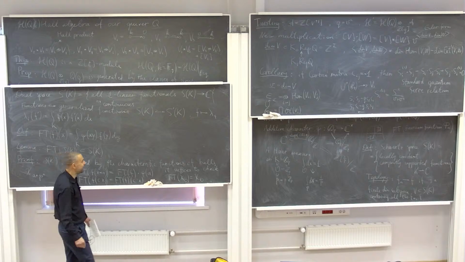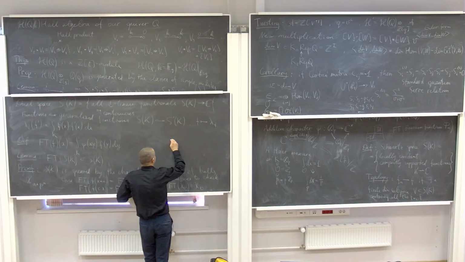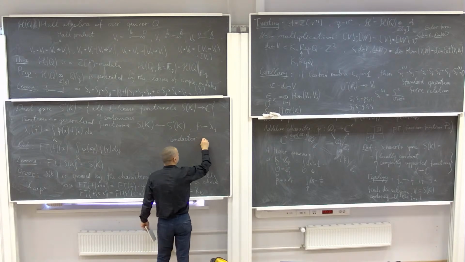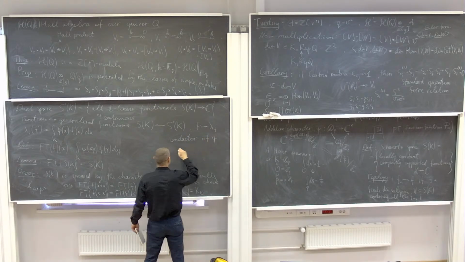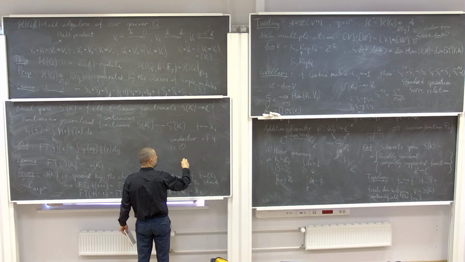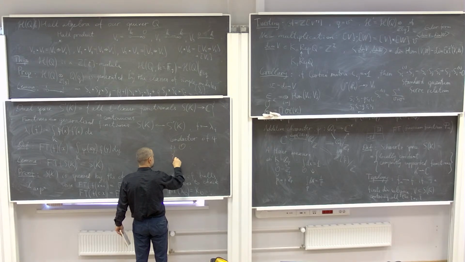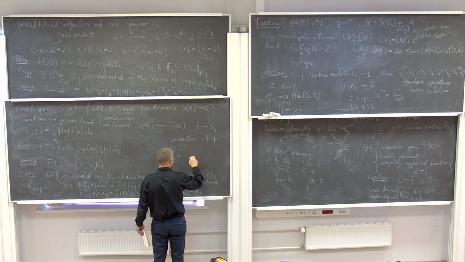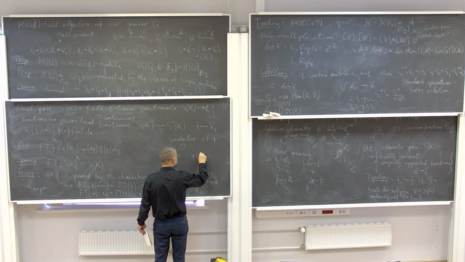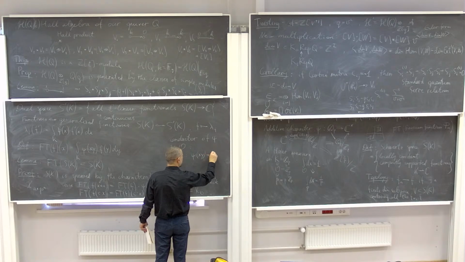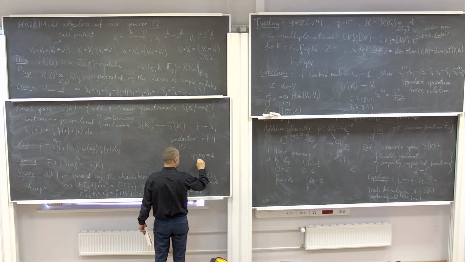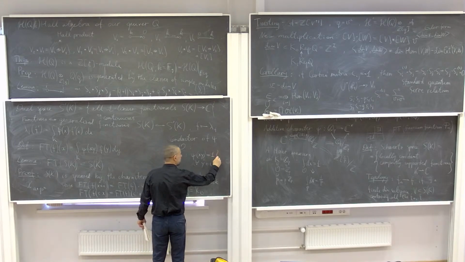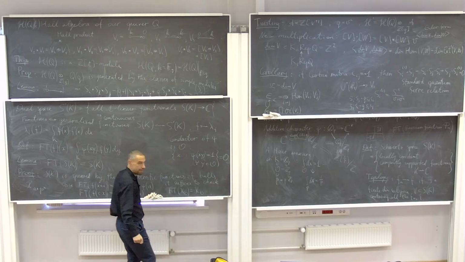Well, it is related to the fact that the conductor of psi is O. It means that the set of elements x such that psi of xy is 1 for any y in O is O again.